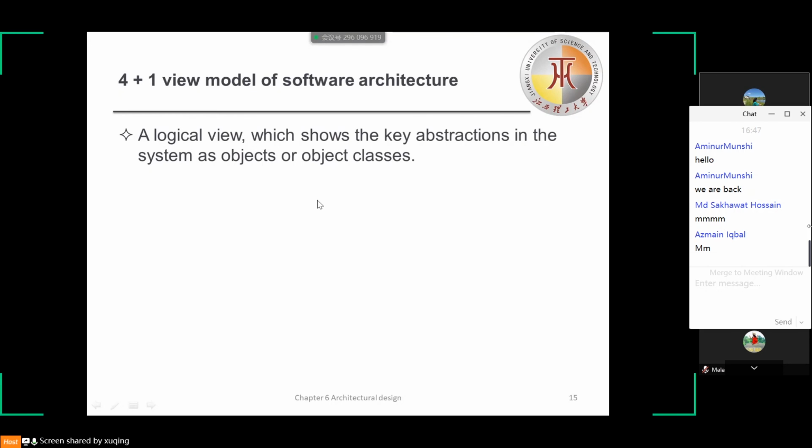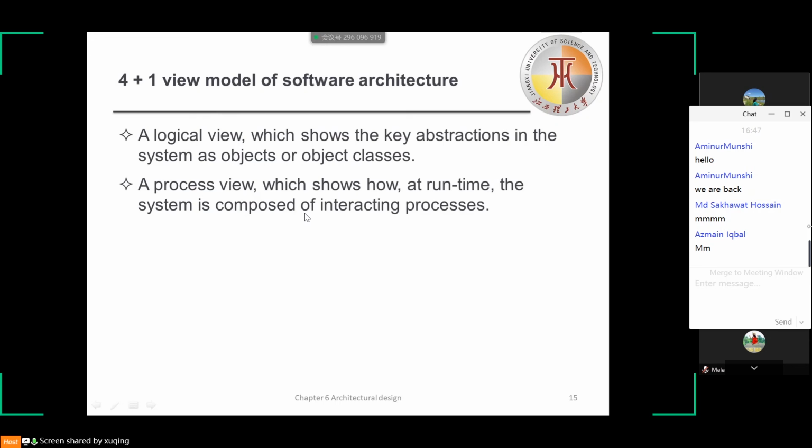The second view is a process view, which shows how at runtime the system is composed of interacting processes. This view is useful for making judgments about non-functional system characteristics, such as performance and availability.